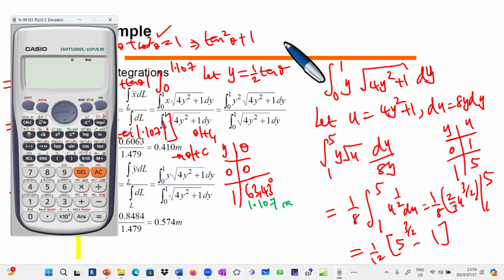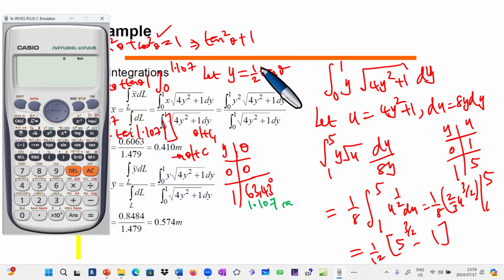So what we're going to do here is the following calculation. 1 over 12, times 5 to the power 3 divided by 2.